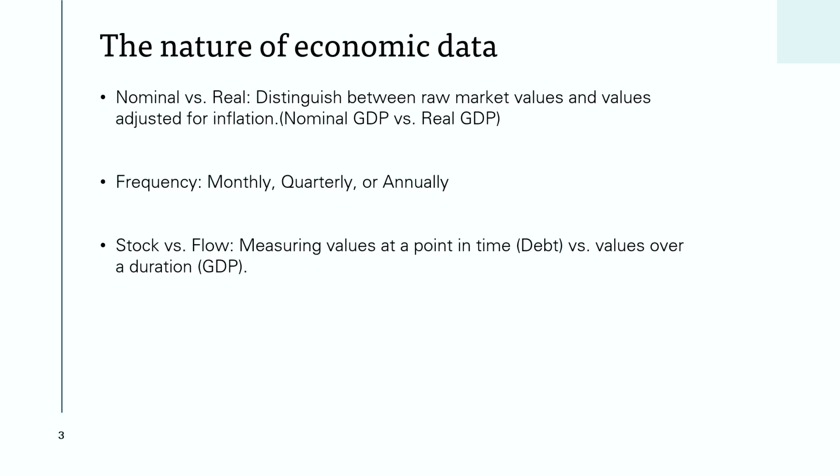A stock variable measures a quantity at a specific point in time. Examples include national debt, wealth, or the money supply. A flow variable measures activities over a period of time, like GDP, income, and government spending. Understanding these differences helps us interpret economic graphs correctly.